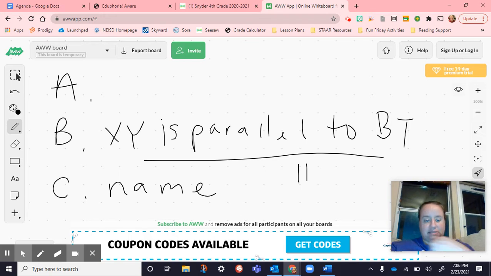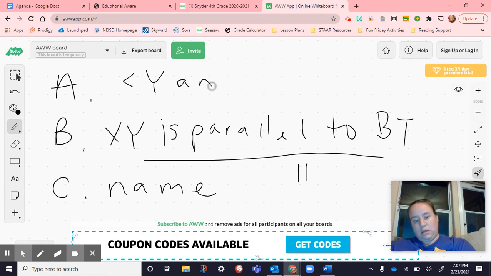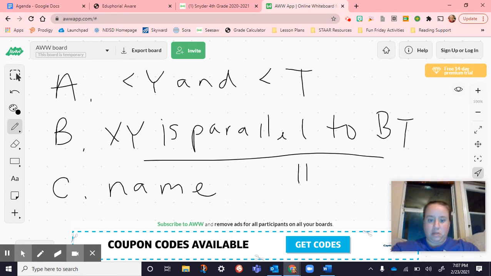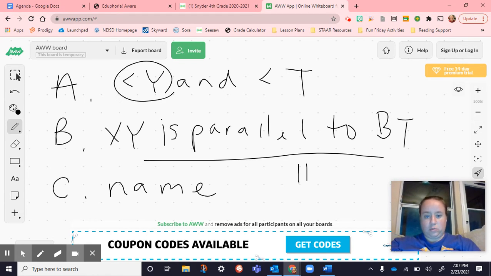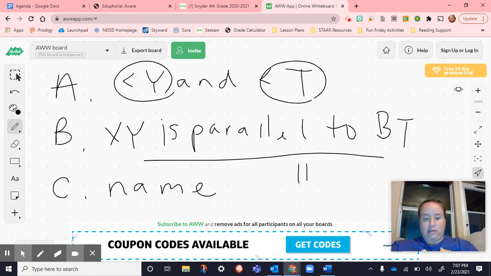And then A is asking for two acute angles. So just put the two angles that are acute, like angle Y and angle T. That's not them, but label it like this is one angle, this is another. When you do the line segment, a line segment has two letters.